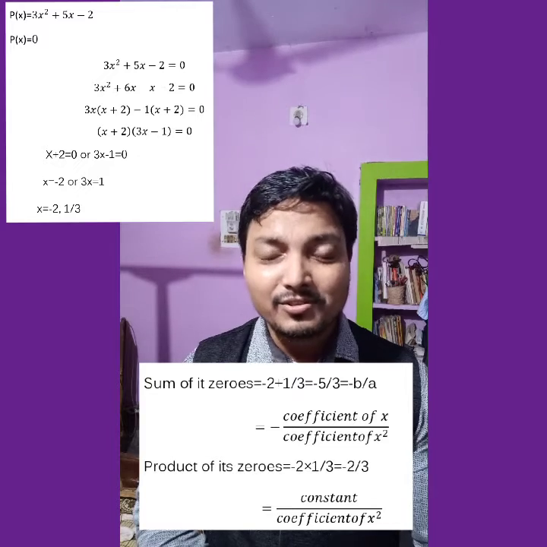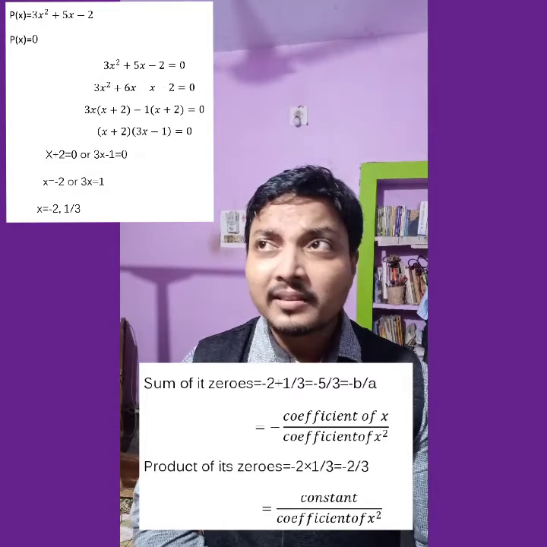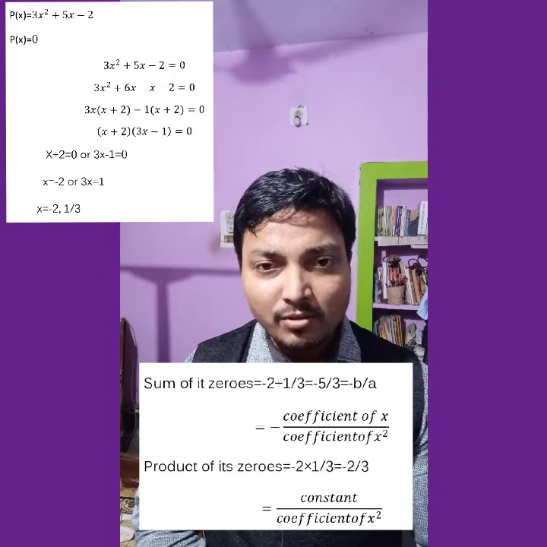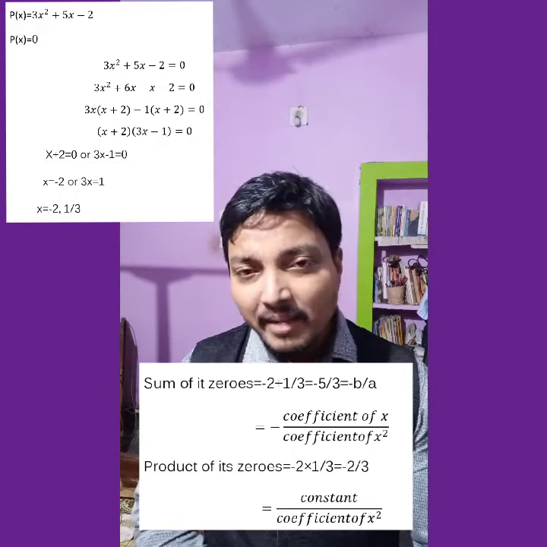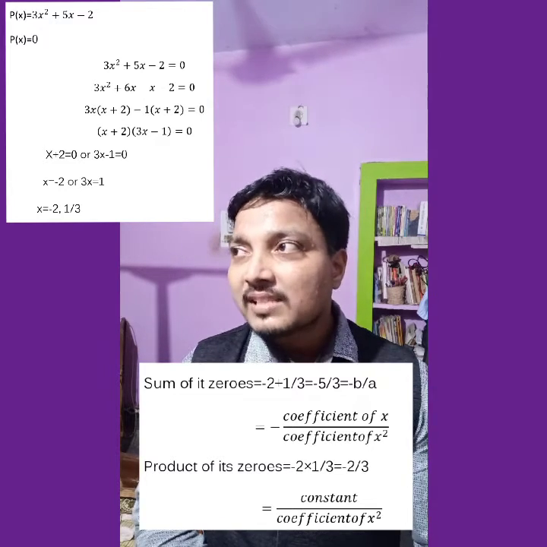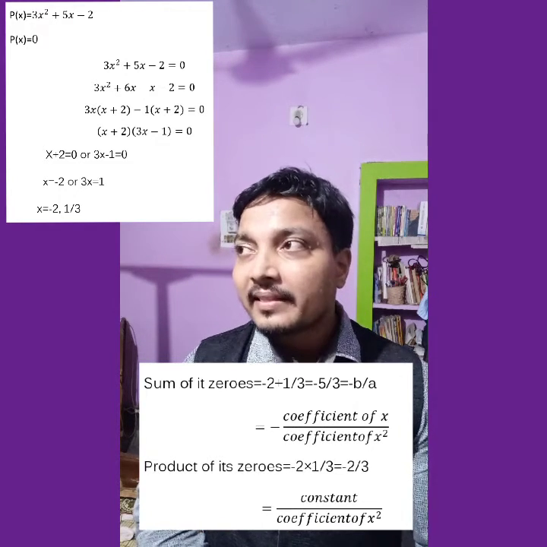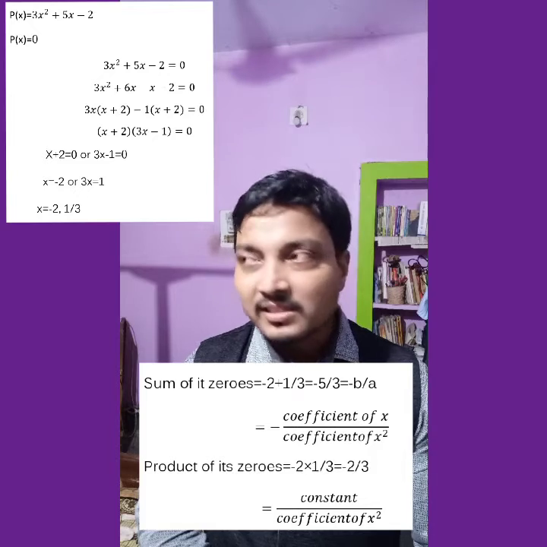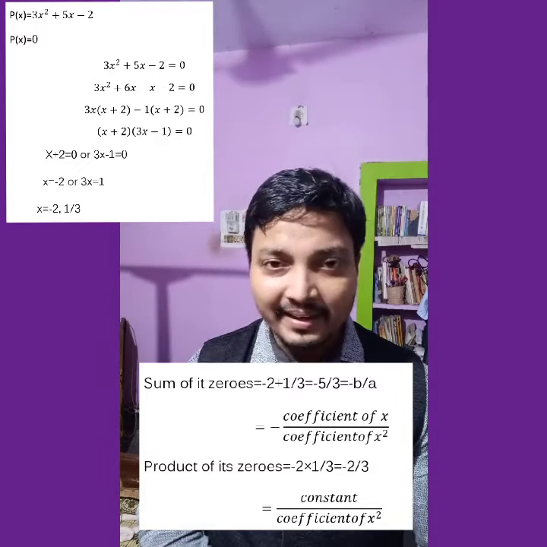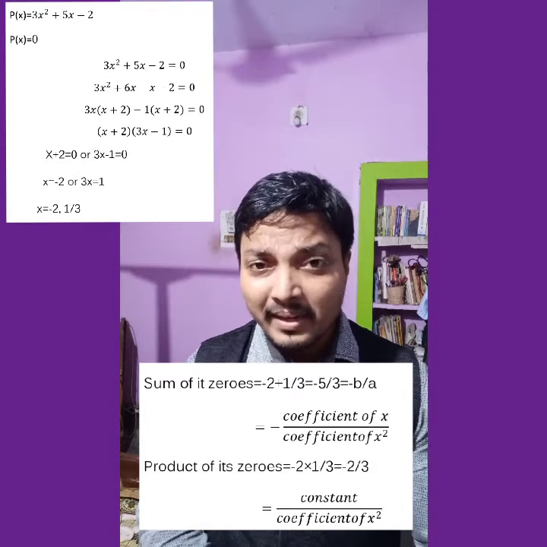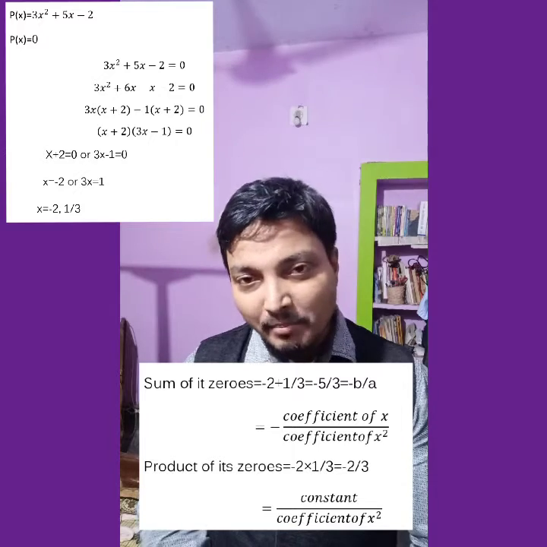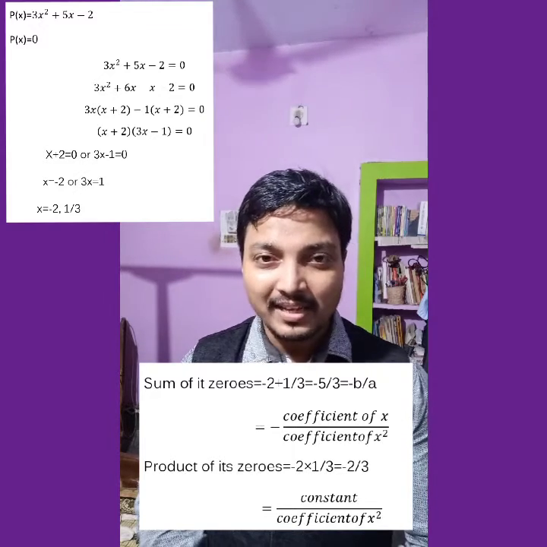It was observed in the previous example that the sum of the two zeros was -b by a. Here it is also the same thing. The sum of the two zeros is the same as -b divided by a. And here b means the coefficient of x and a means the coefficient of x square.